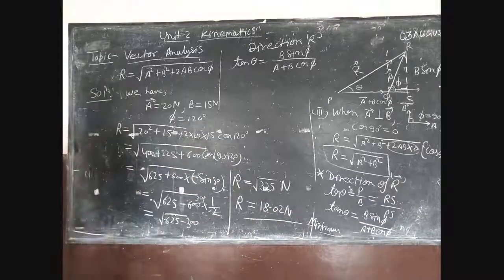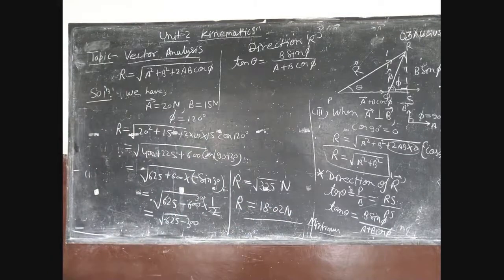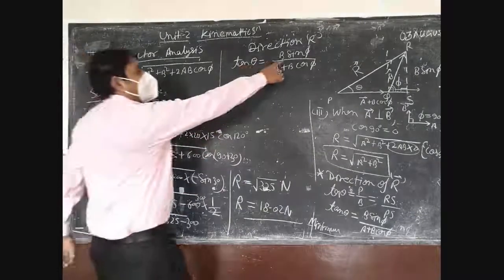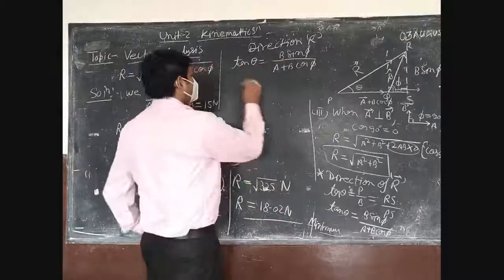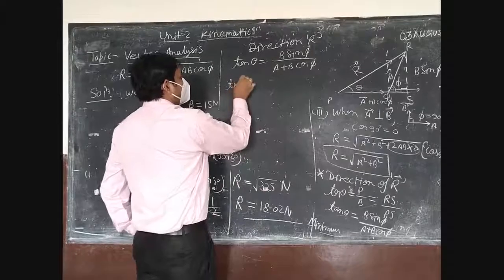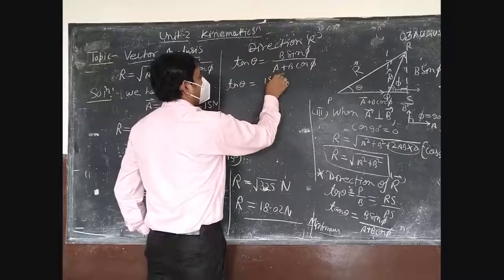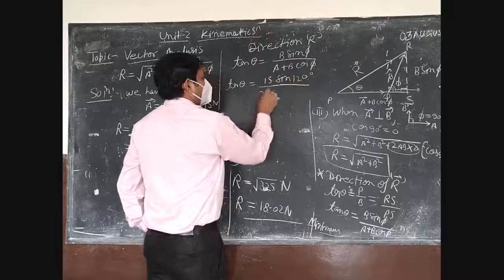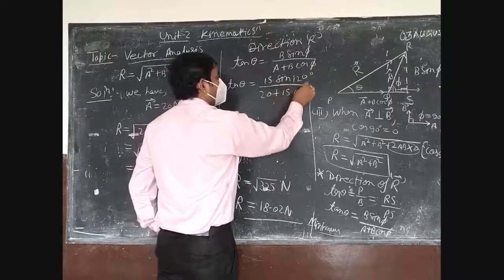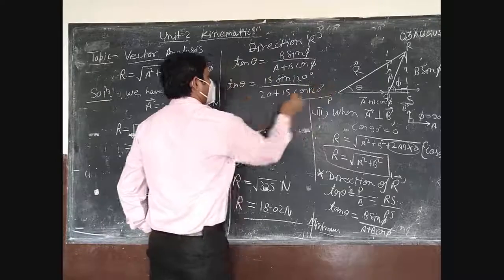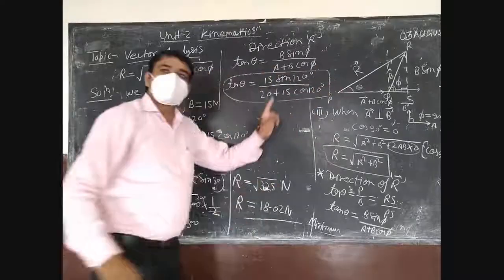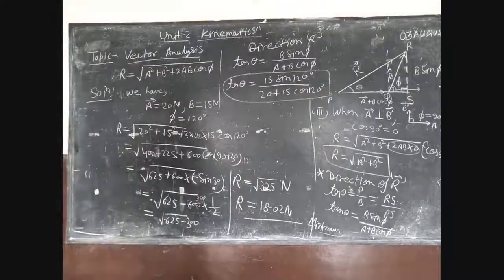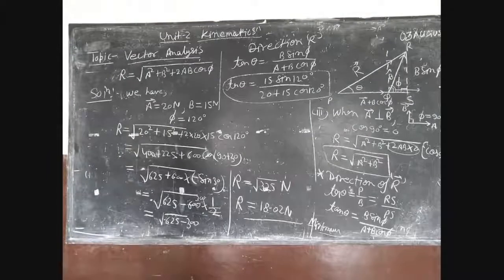Now calculation of direction: tan theta is equal to 15 sin 120 degree upon 20 plus 15 cos 120 degree. Use the values of sin 120 and cos 120 and calculate the result. Thank you.